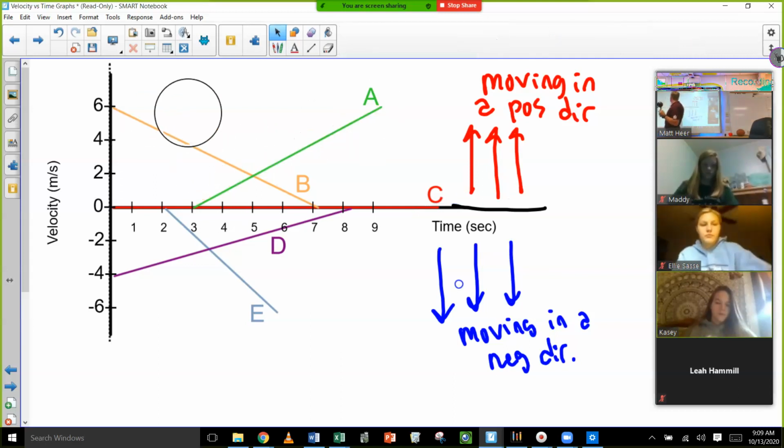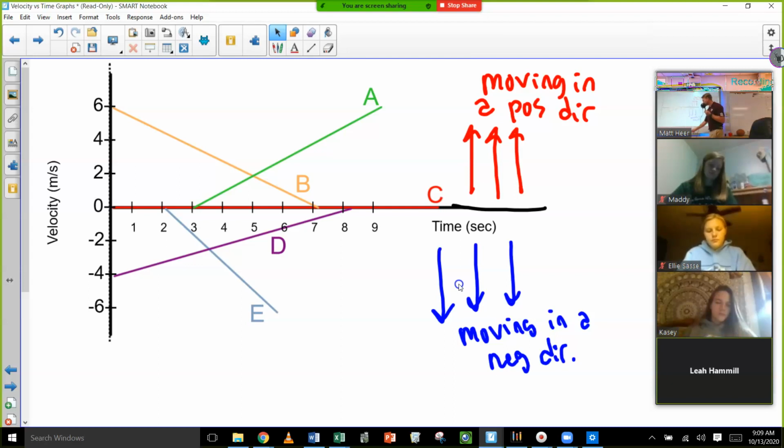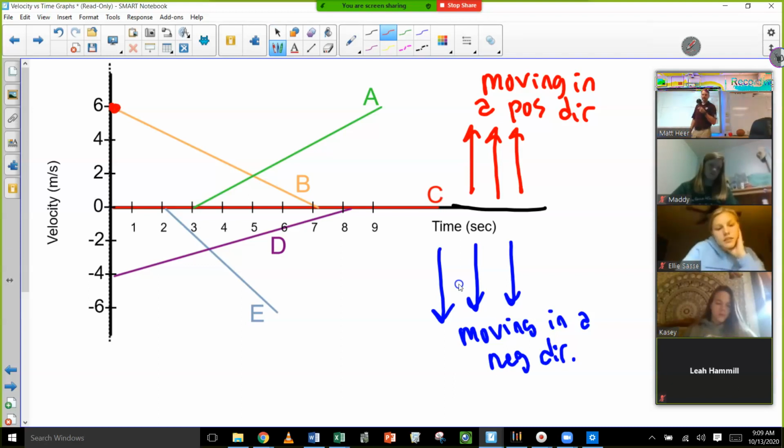Letter B. Is letter B moving in a positive direction, or is letter B moving in a negative direction? Negative, because your velocity is going from 6 to 0. Got it. What's my velocity at the very beginning? 6. Positive or negative?